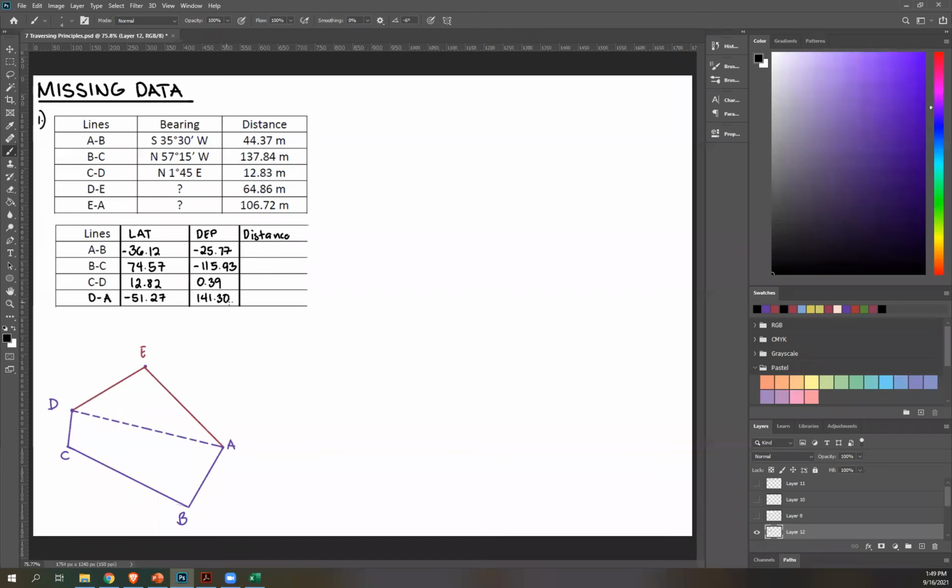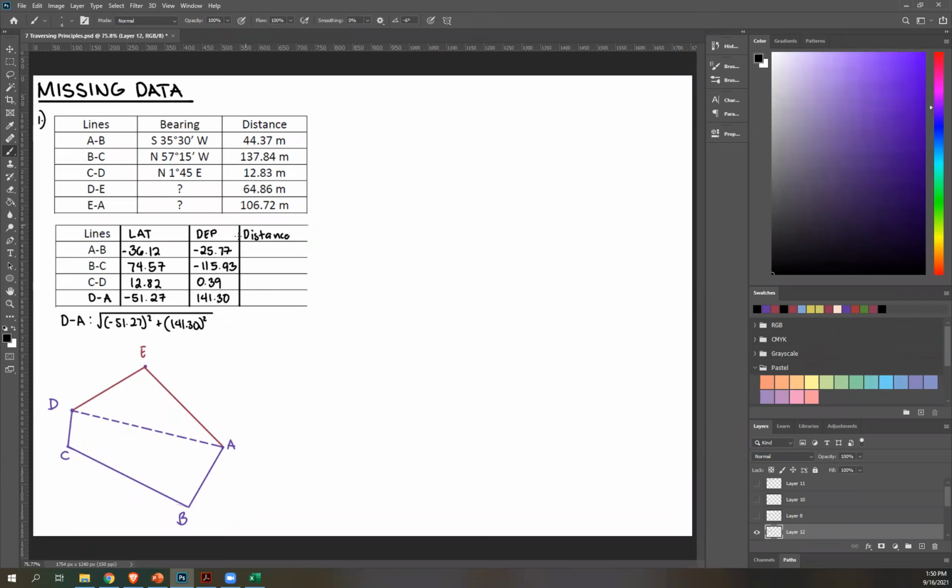The same here. And then to get the distance of DA, considering latitude and departure are the x and y components of a line, to get the total length of the line, we use the Pythagorean theorem. So DA is just the square root of negative 51.27 squared plus 141.30 squared. Please compute. What's the answer?